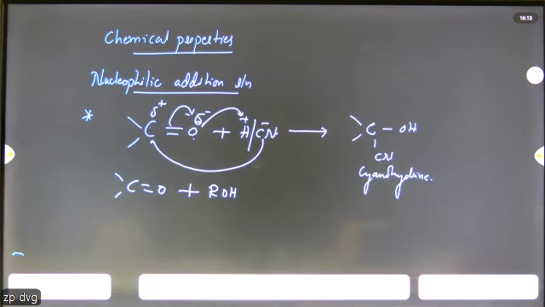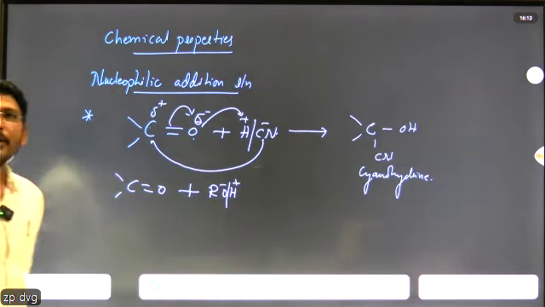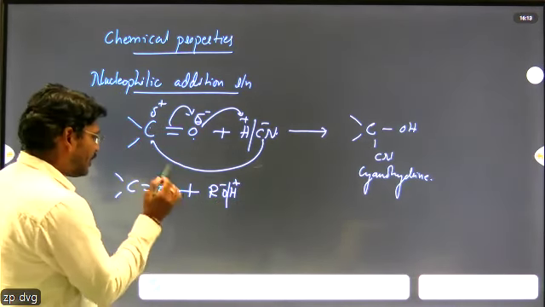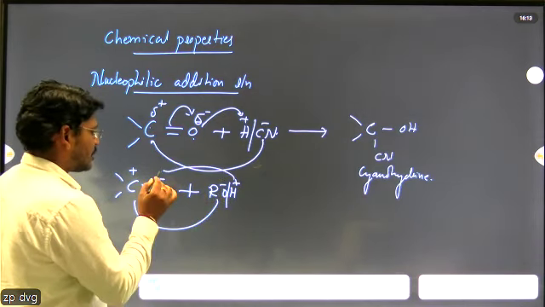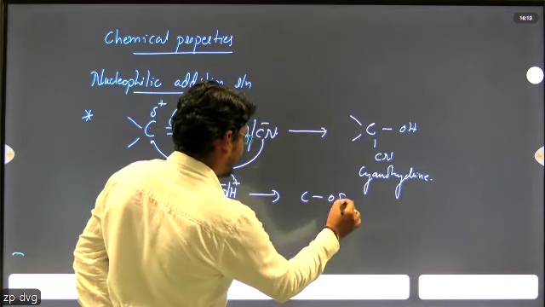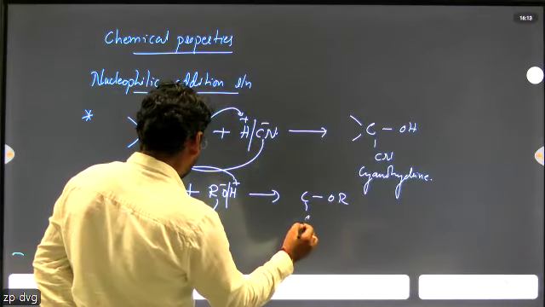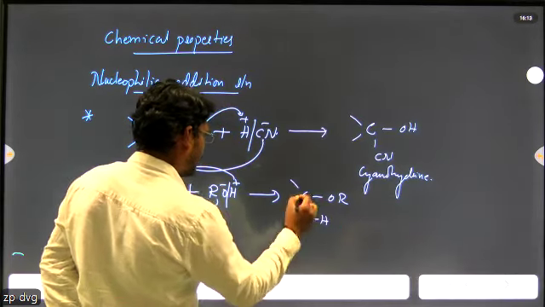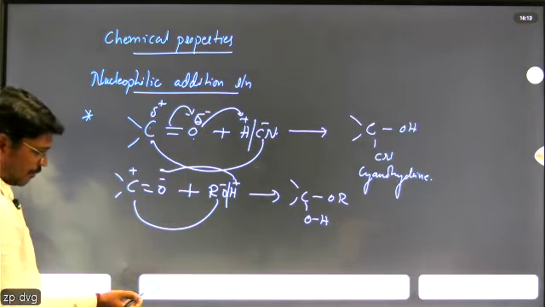So here the ROH part undergoes dissociation, giving RO minus as well as H plus. Due to this polarity, we have minus and plus. Thereafter, H plus will attack here. Then finally, we get C single bond O, here R, and here we get O and H.